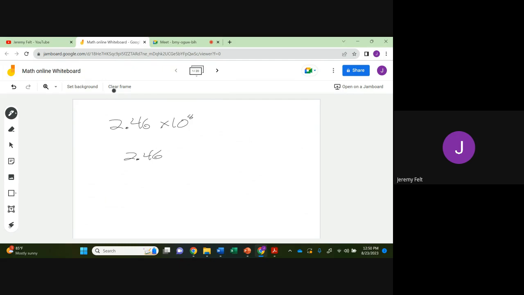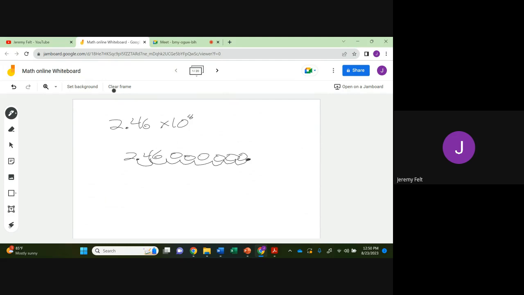I always rewrite the number, and then this 8 tells me that it's a positive 8, so the decimal is moving 8 places to the right. So I actually draw out 1, 2, 3, 4, 5, 6, 7, 8, and that would be my new decimal, and then fill in the zeros wherever they are.